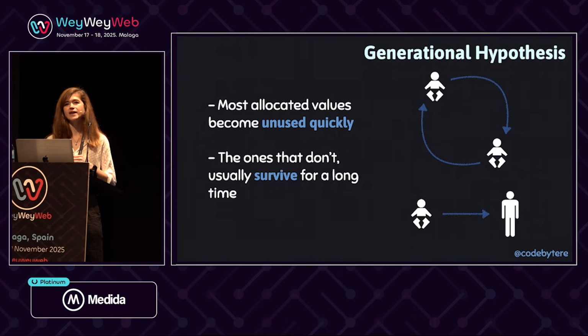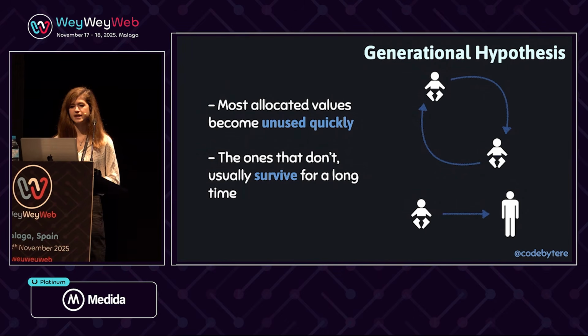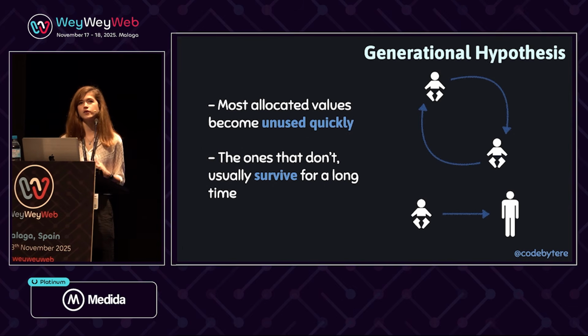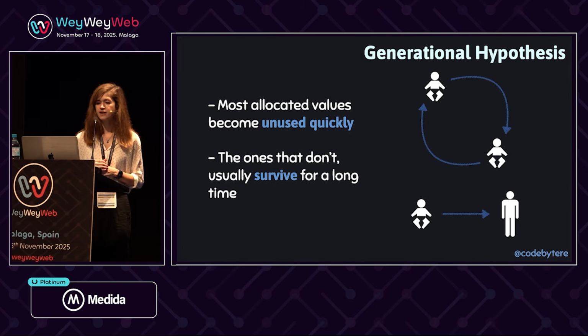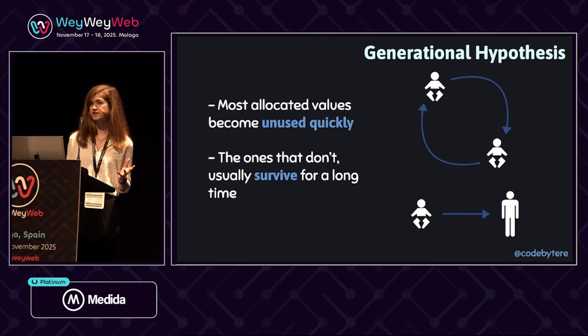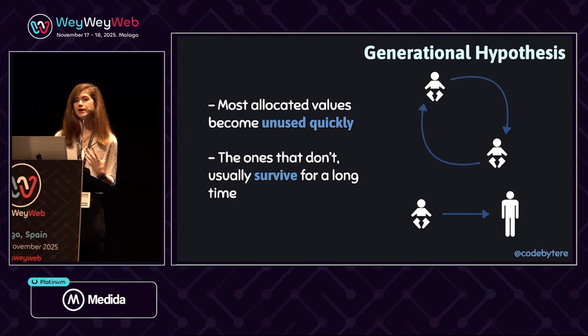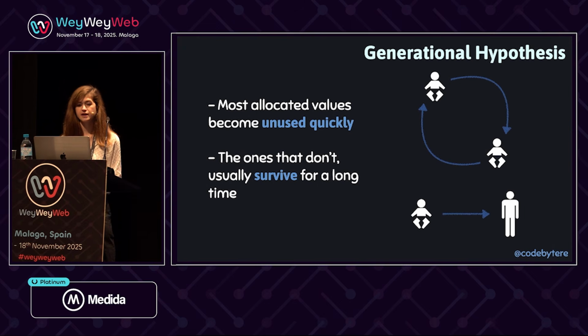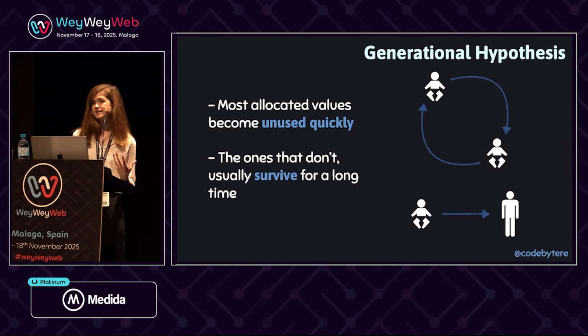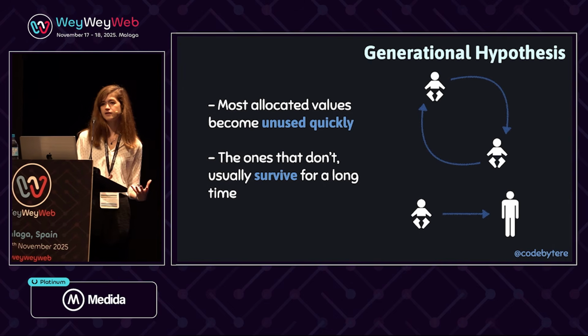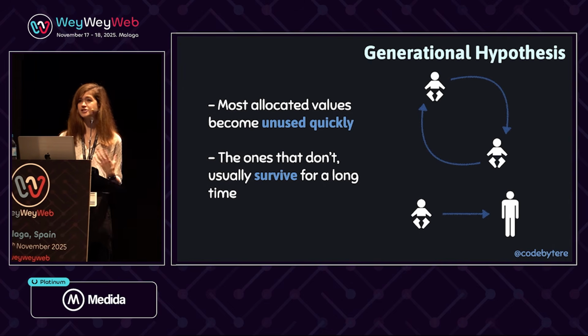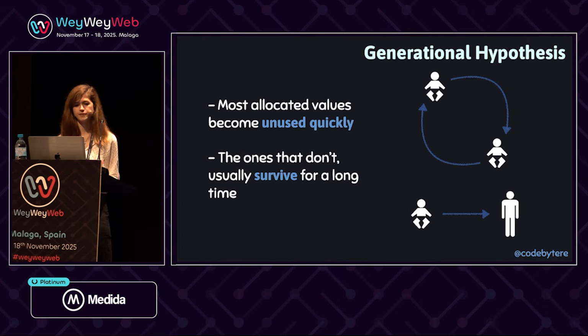So the way that V8 garbage collection works hinges on what is known as the generational hypothesis. This is a two-part hypothesis based on a few observations about how memory behaves in most programs, especially ones with dynamic memory allocation. It's the idea that most objects die young, and those that don't tend to stick around for a very long time.